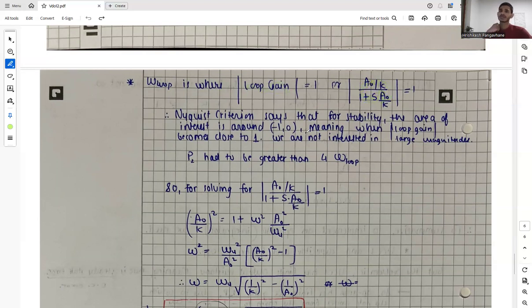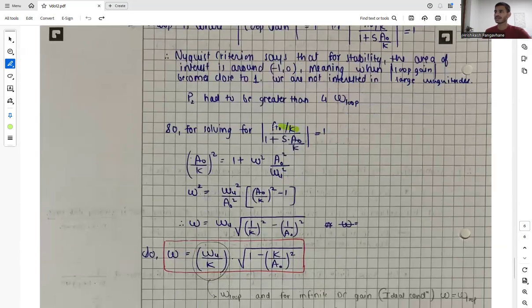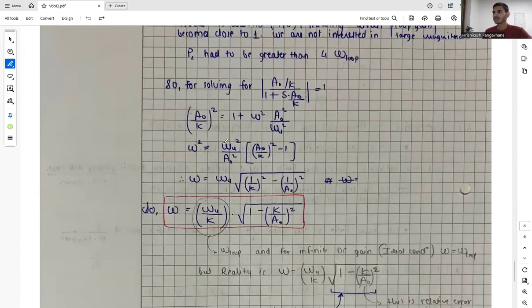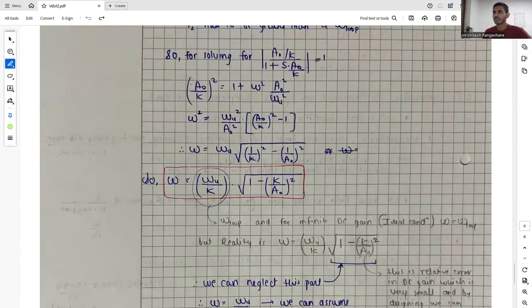So what does the Nyquist plot say? It says that for stability, the area of interest is around the point minus 1 comma 0, meaning when the magnitude of loop gain becomes close to 1. We are not interested in other larger magnitudes, and we know that P2 has to be greater than 4 times omega loop. So for solving this condition where the magnitude comes close to 1, or equals 1, what we get is omega equals omega u by K times the non-ideality.